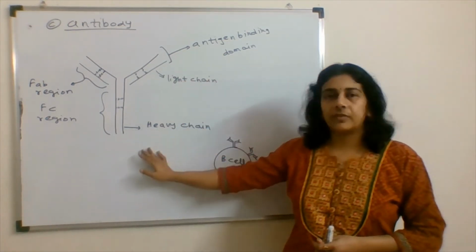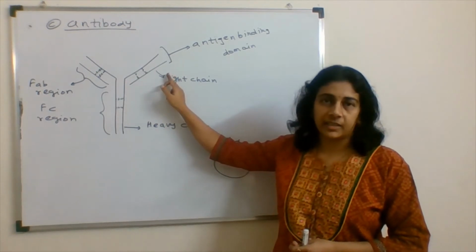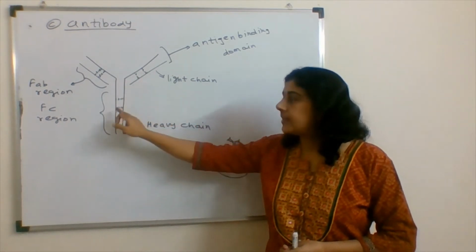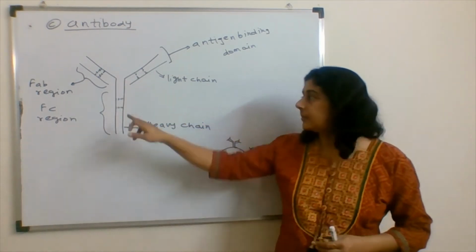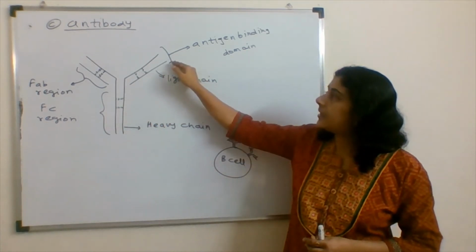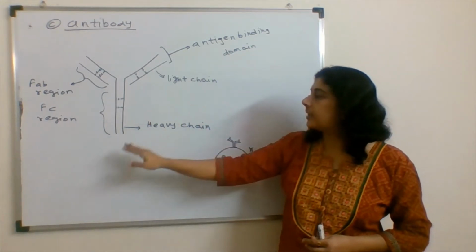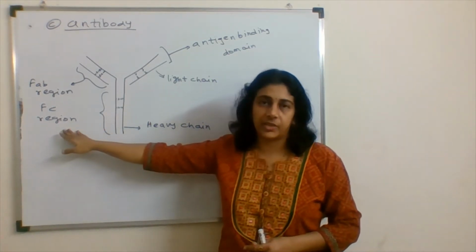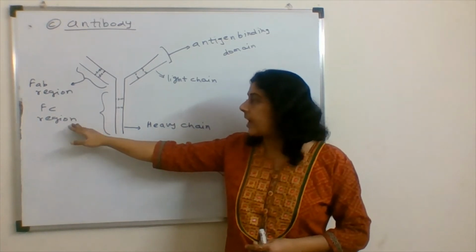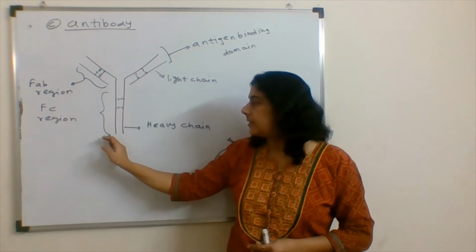The plasma cell basically secretes the antibody. This is the structure of an antibody. It has a heavy chain and a light chain. These two chains are joined with each other by disulfide bonds. Here there is an antigen binding domain of the antibody, and here is the Fc region, the fragment crystallizable region.